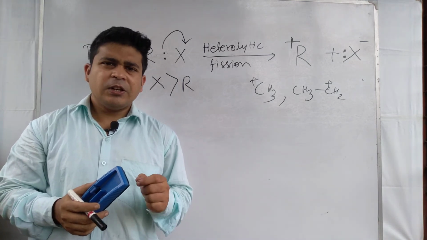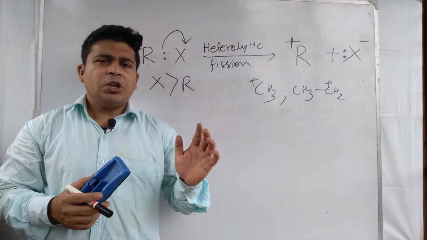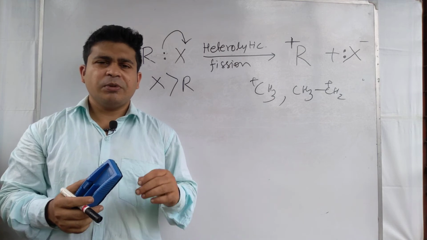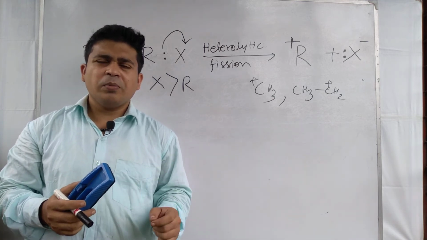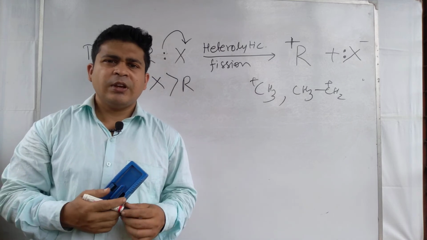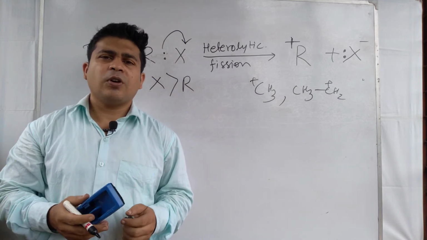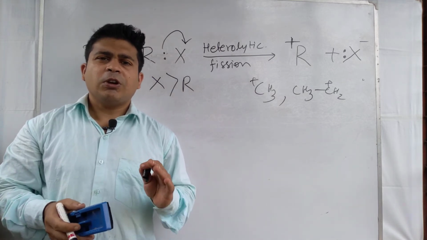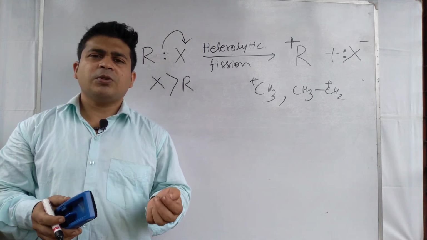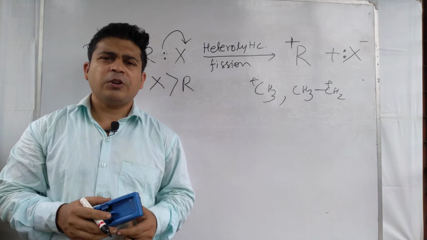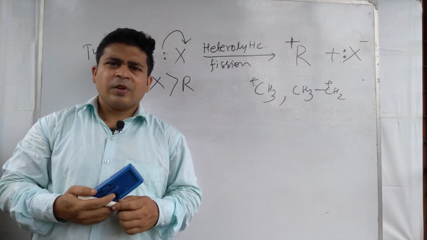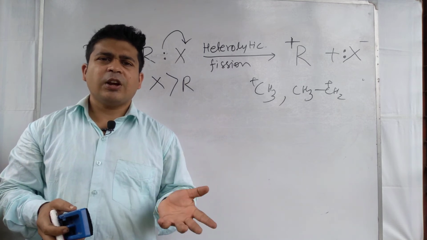In homolytic cleavage of a covalent bond, equal distribution of electrons takes place during the cleavage, meaning symmetrical bond breaking occurs. But in heterolytic cleavage, unsymmetrical bond breaking occurs. Here one atom is acquiring the total number of electrons that are present in the bond, and the other atom does not have any electron.